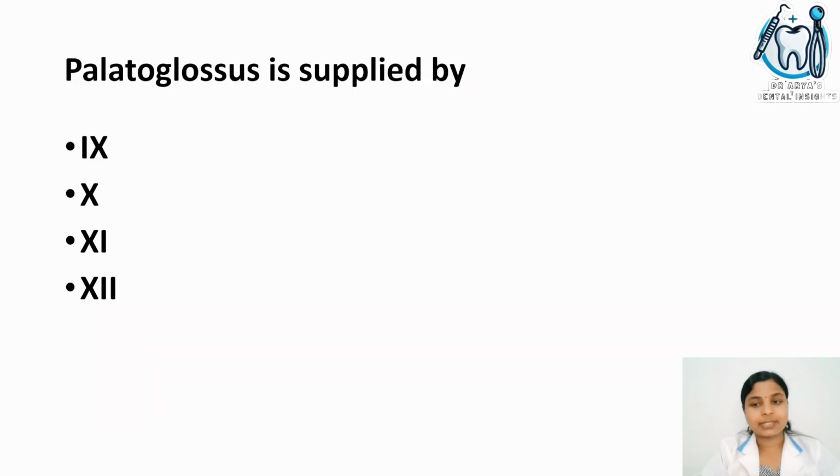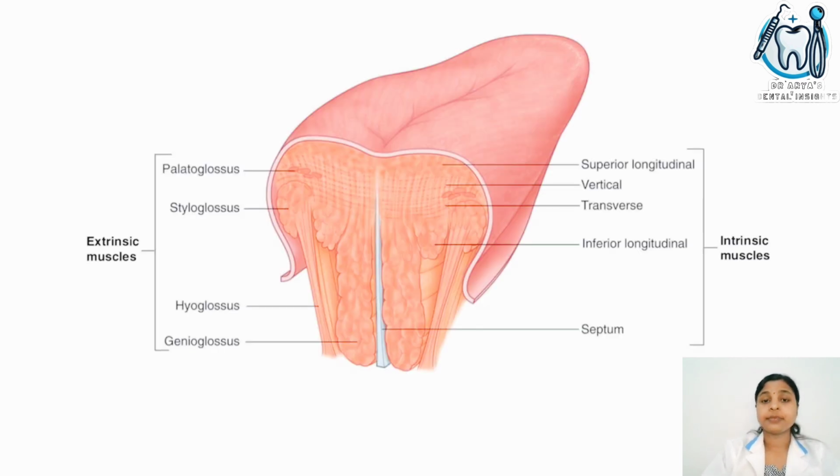Coming to the next question, palatoglossus is supplied by which nerve? It is a muscle of the tongue. The options are 9, 10, 11 and 12. Which is correct? This picture shows the muscles of the tongue. There are extrinsic muscles and intrinsic muscles.